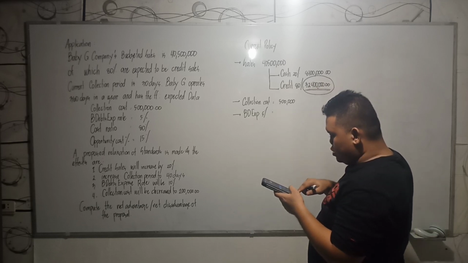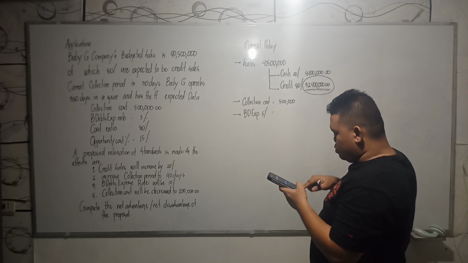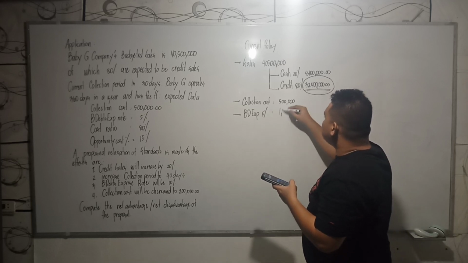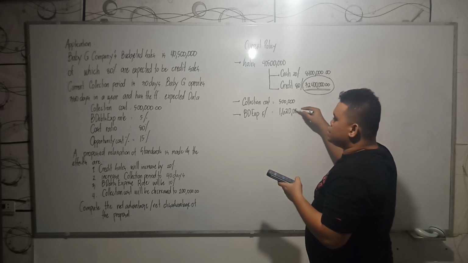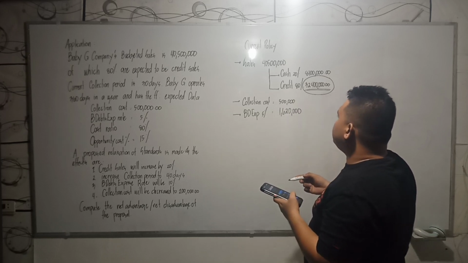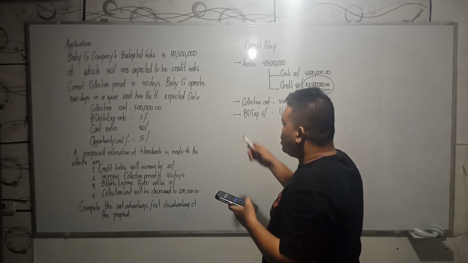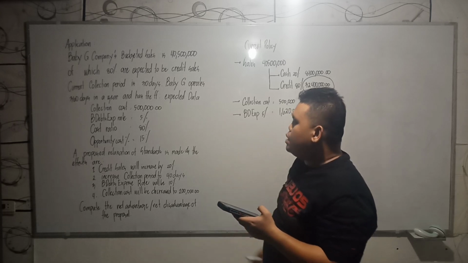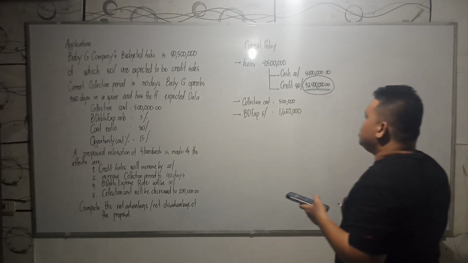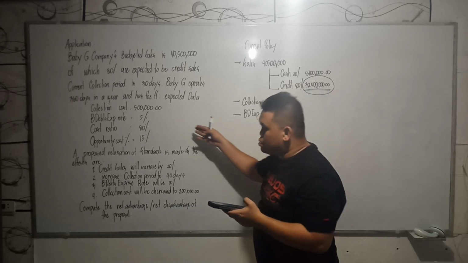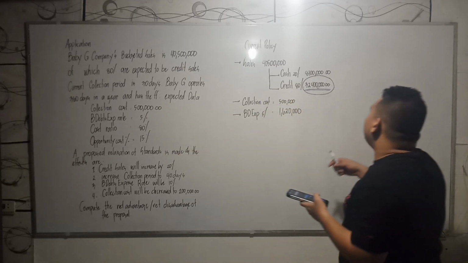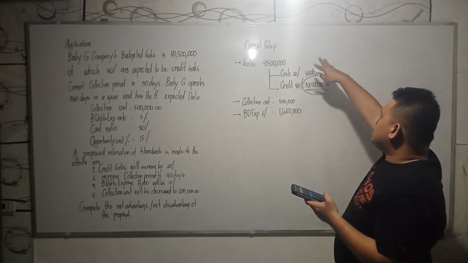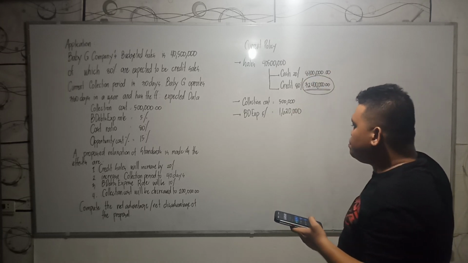So 32,400,000 times 0.05, we have 1,620,000 as the bad debts expense. The cost ratio is 80%. I guess it will not change even if we talk about the proposal, and the opportunity cost is 15%. So we have to remember that, because it's important when we compute for the advantage and the disadvantage for the policy. So basically, this is it on the current policy.